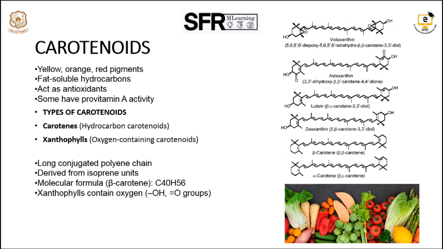Isoprene units, like some plant steroid-like substances, are produced through the mevalonate pathway. So these come under the isoprenoid category of nutraceuticals also. The molecular formula for beta carotene is C40H56, whereas xanthophylls contain either hydroxyl groups or double bond oxygen groups, like a keto group or hydroxyl groups, in their chemical structure.